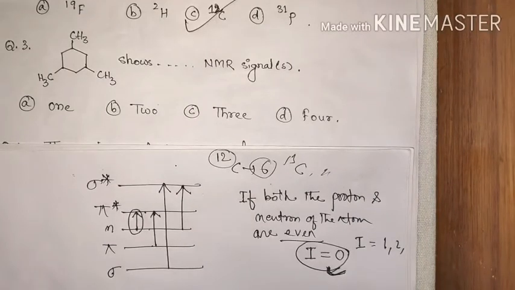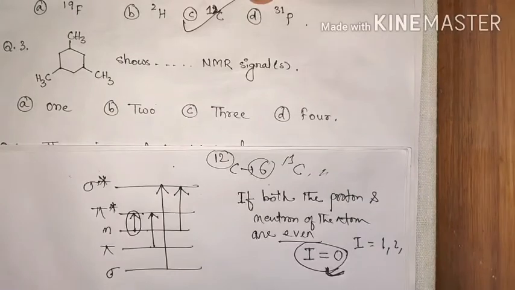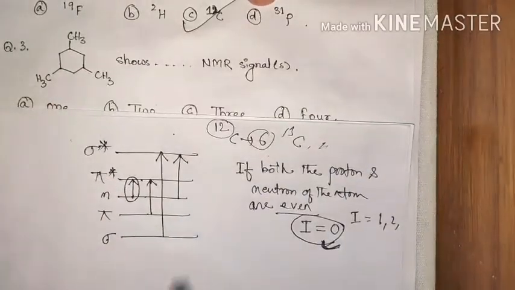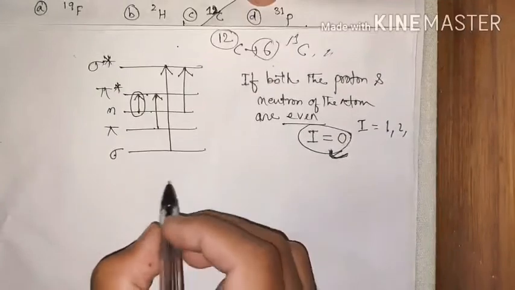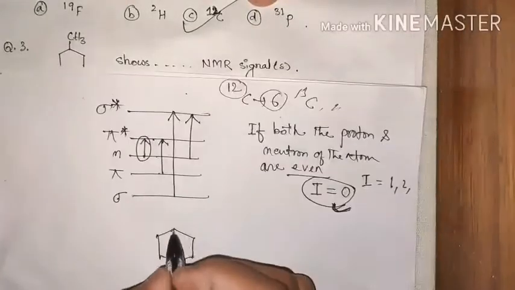If you require, I can make a video on spectroscopy also, but since we are solving this now, I am going to directly use those concepts here. To identify the number of NMR signals produced by a compound, we will see the chemical environment. So this is the compound given here, which I will write here, CH3.